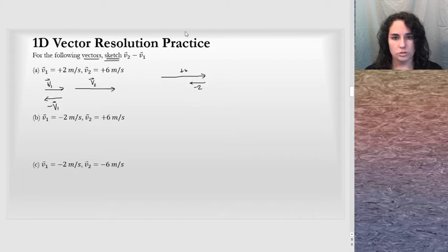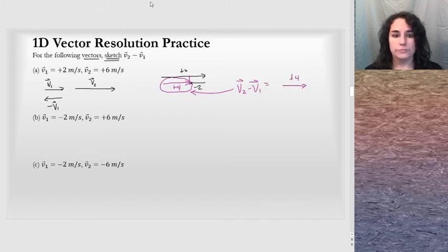I can sketch those. And notice that I'm basically reducing the positive 6 by a positive 2, and what I'm left with is this obviously positive 4 vector. So this is the result. V2 minus V1 is this positive 4 vector, equals a positive 4.